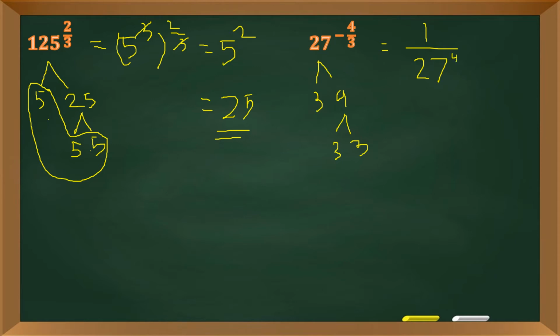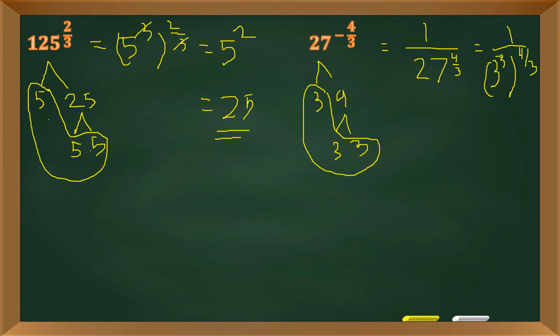So we have 4/3 with the positive sign. And again, 27 is expressed exponentially as 3 cubed. So 1 over 3 cubed raised to 4/3.